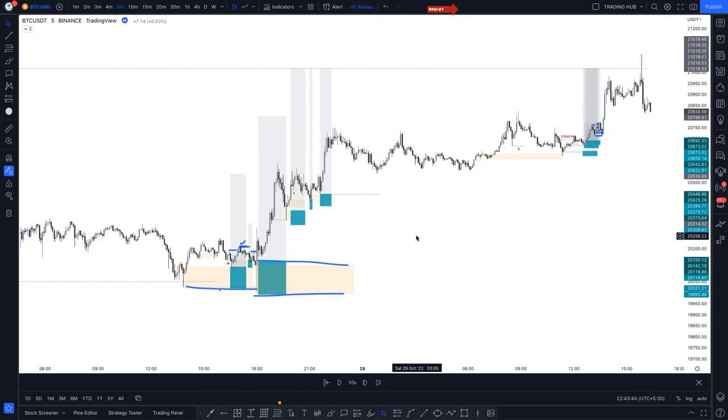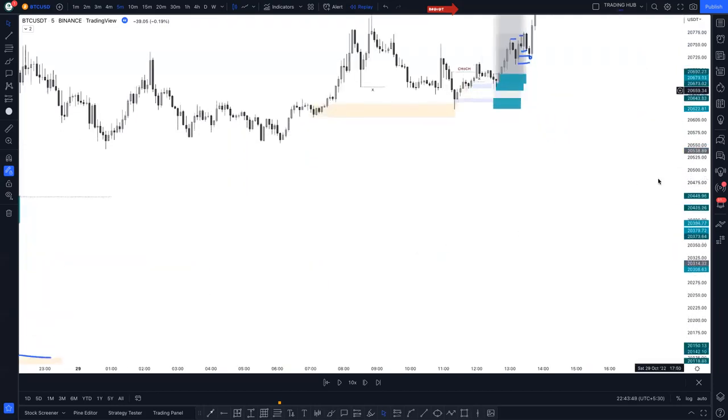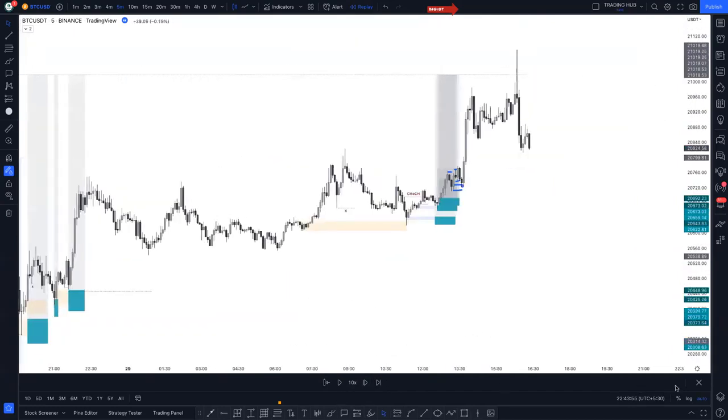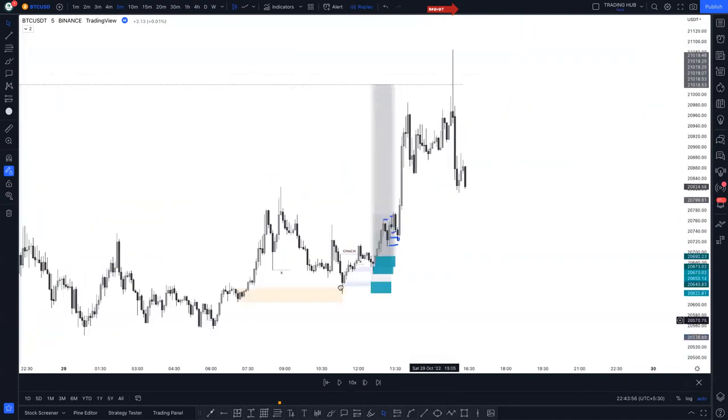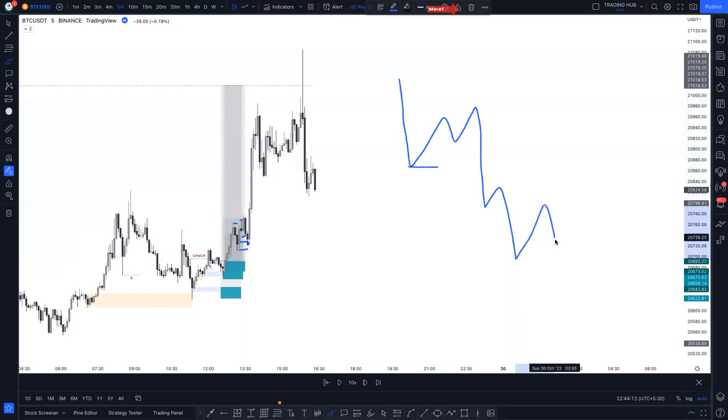Please explain more about mitigation. Mitigation means, let me show you exactly. The market is bearish or bullish, anything, or maybe a candlestick, and goes higher.